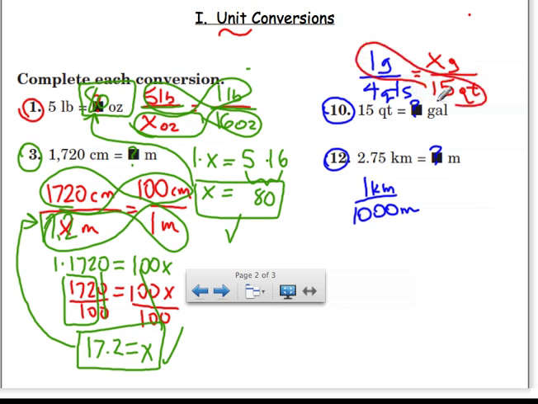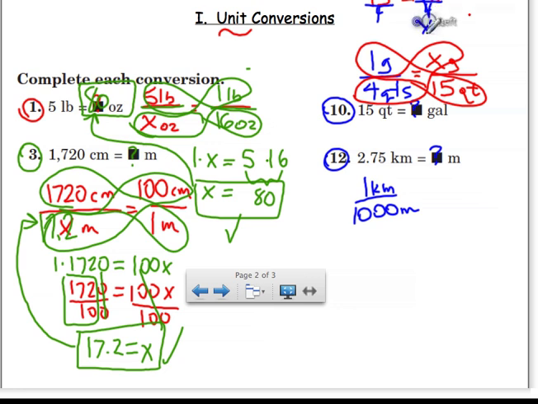Cross multiply, that's 15 times 1 is just 15, 4 times x, and then you divide by the coefficient, divide by 4, and divide by 4.